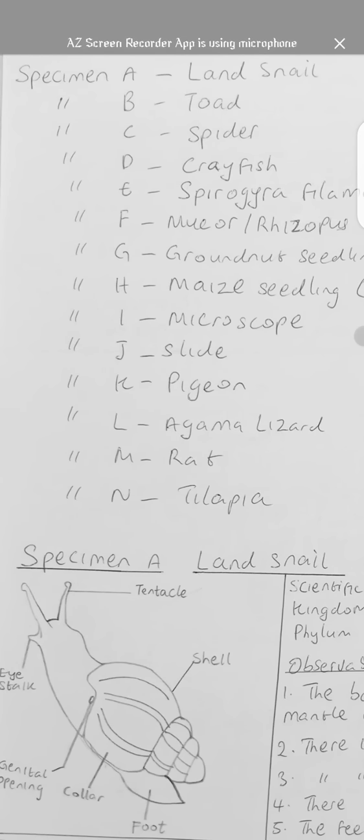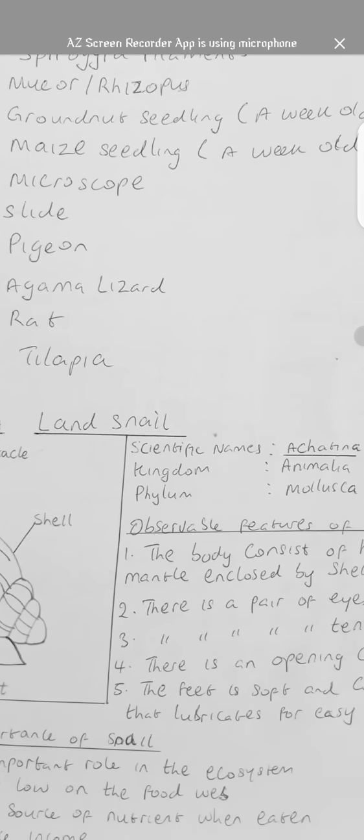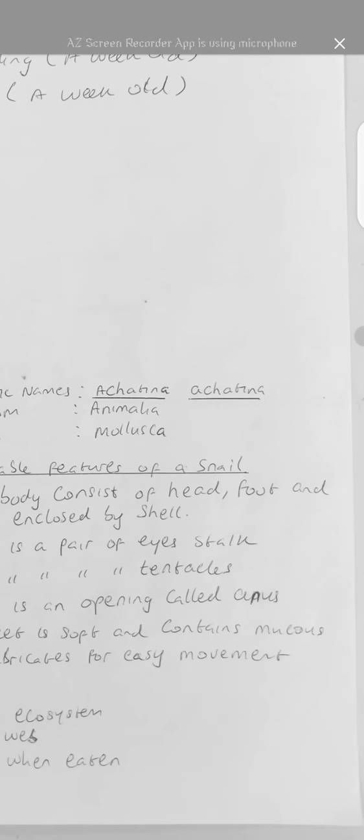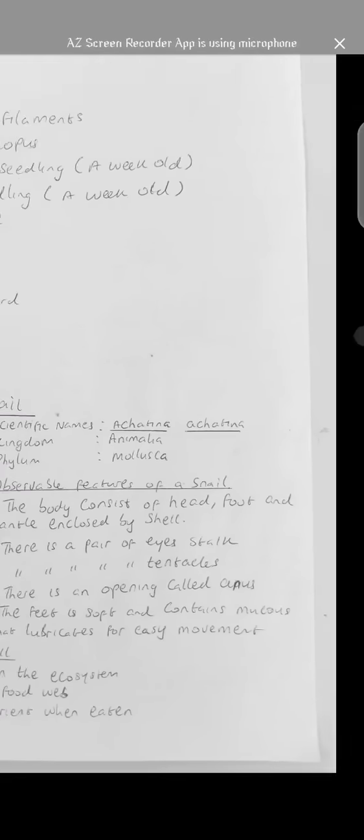When you see the animals, the likes of snails, toads, spider, crayfish, pigeons, Agama lizard, rat, tilapia, they are going to want to make you compare them. So it's very important you know their classes, their phylum, their kingdom. We're going to be looking at them one by one. So that is basically the snail. Let's go to the next slide.